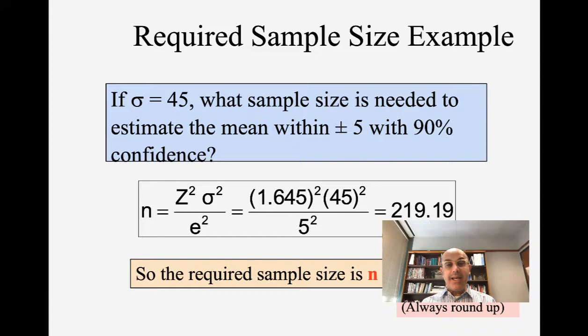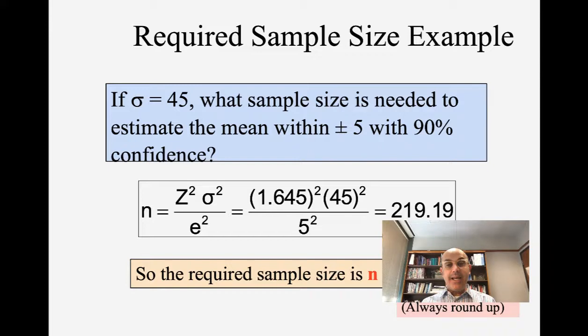So in this case, let's take an example. We have a sample of 45. What sample size is needed to estimate the mean within plus or minus 5 with 90% confidence?